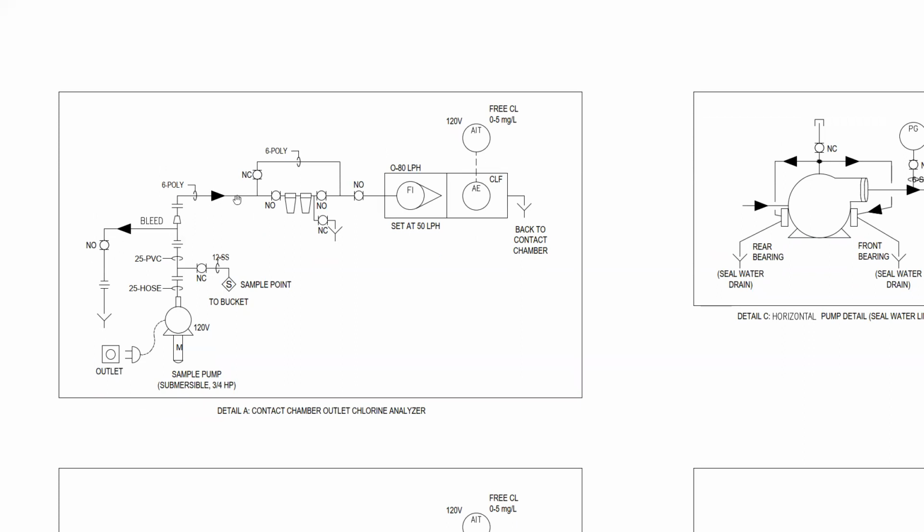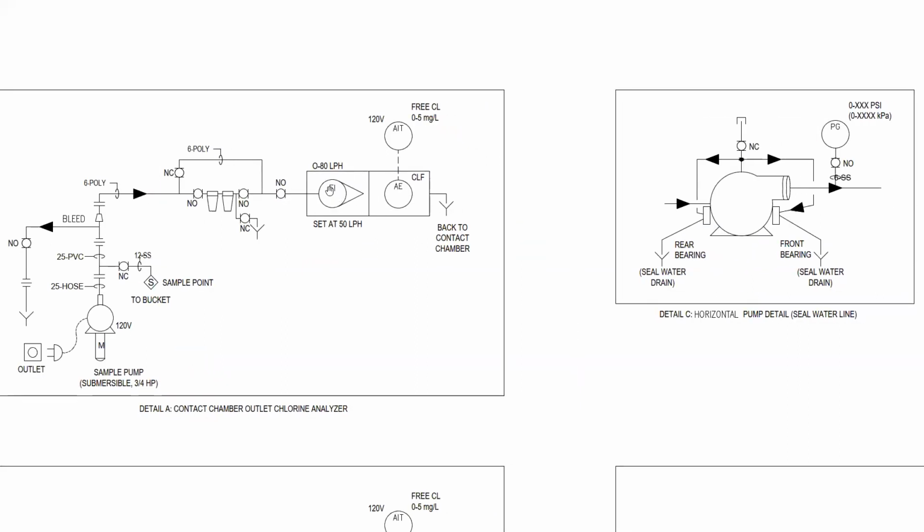This poly runs up into a 2 filter system. There's another drain, which is constantly running. Here's a flow calibration to make sure that we're only running between the proper 0 to 80 liters per hour that our chlorine analyzer can reliably run at and give us accurate readings. And in the event that the filters back up, there's a bypass.